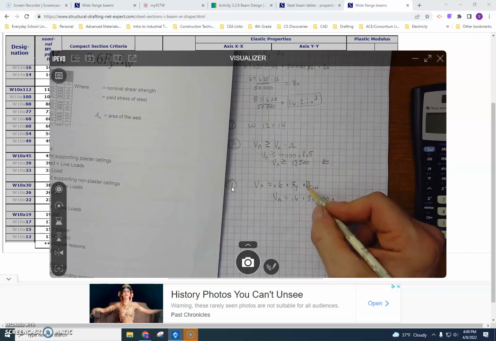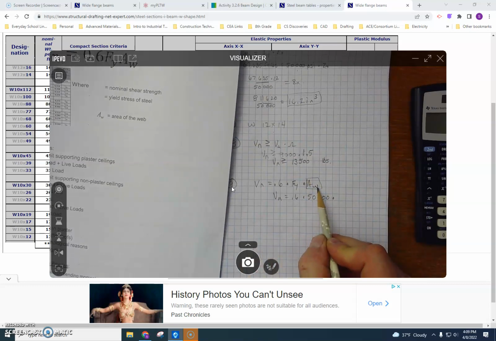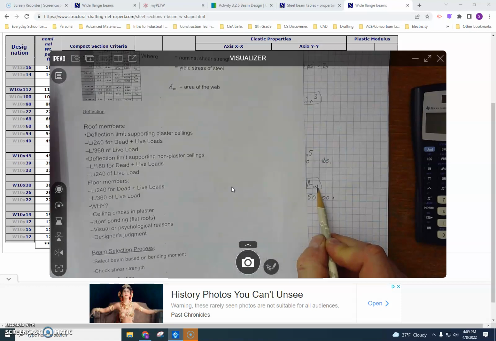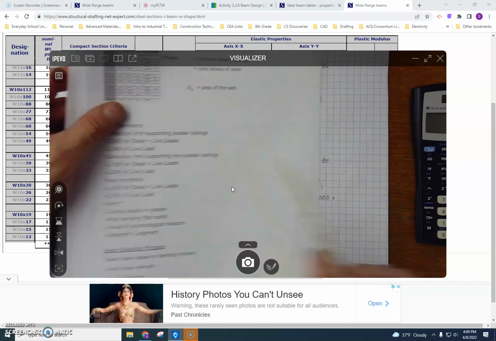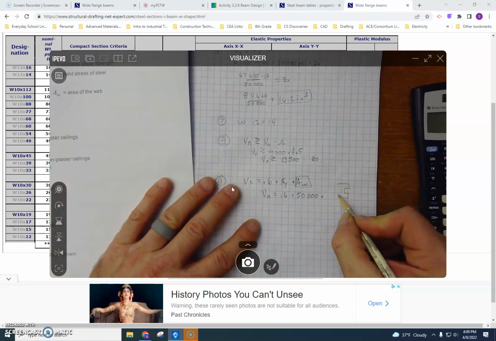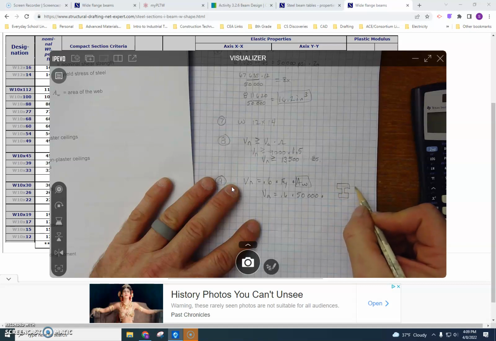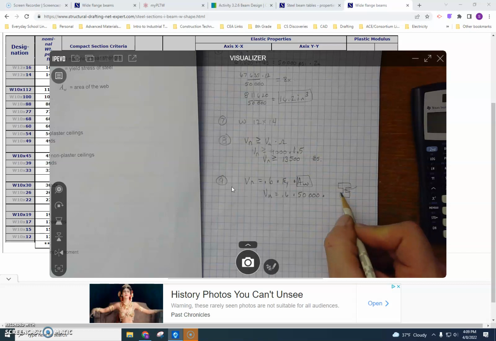Now AW is one we got to figure out. That is the area of the web of an I-beam. So an I-beam looks like this, right? The area of that web, you got to take the thickness right here and multiply it by the height, and you will get the area of that web.